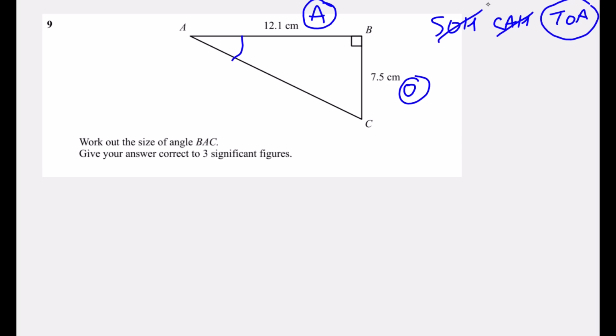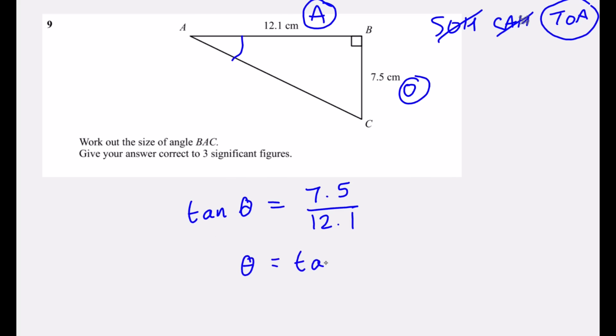So it's TOA, it's tan. So tan with the angle, tan theta, is opposite divided by adjacent, 7.5 divided by 12.1. To get the angle by itself, to get tan away from theta, we do shift tan, arctan.